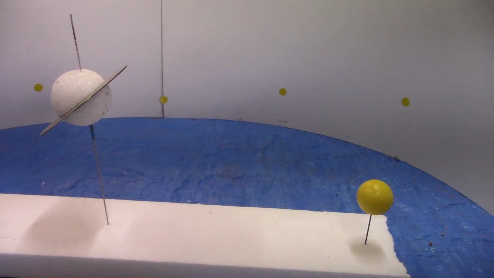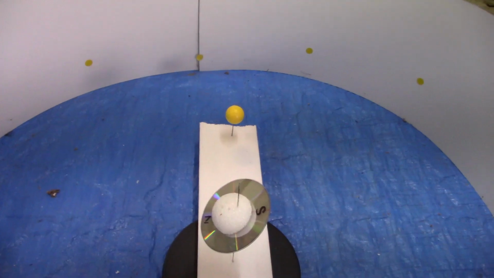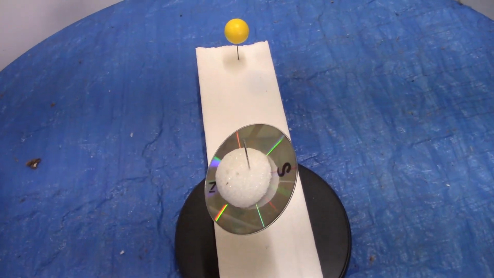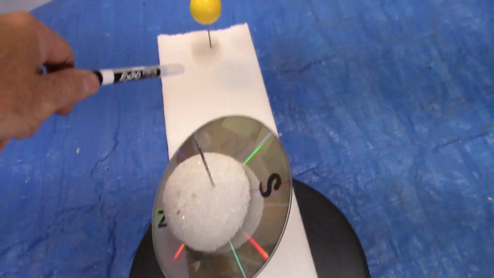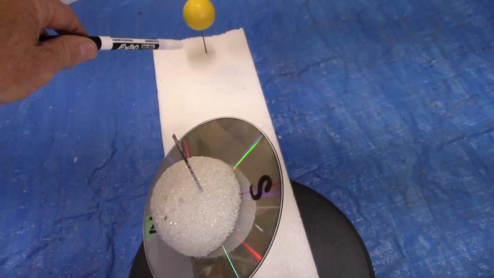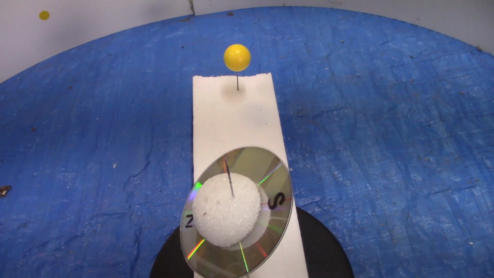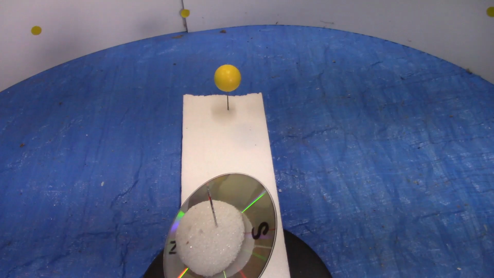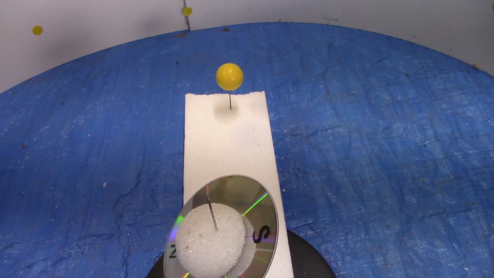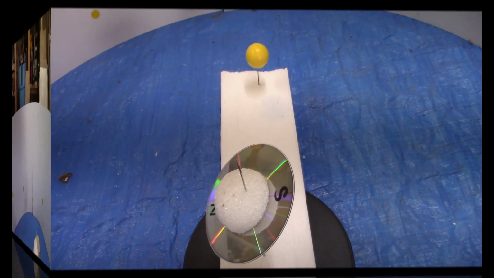Now let's go to the second position. Now in the second position, from above we can see the sun is lateral with the equator on Earth, and this is equivalent to the spring equinox in the northern hemisphere and fall equinox in the southern hemisphere.